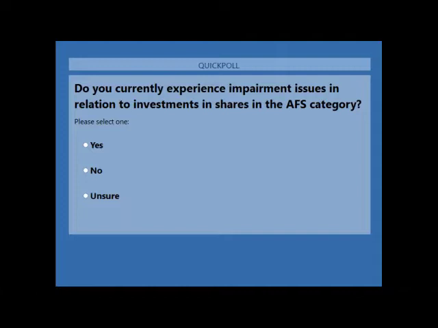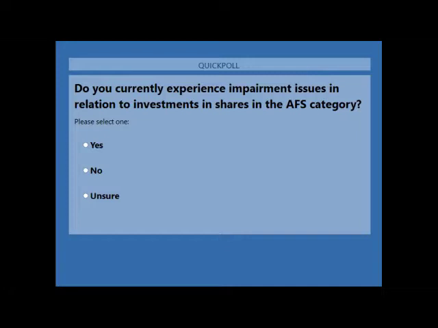Just to get an idea, we often have discussions with clients around this issue. It's been around more than 10 years. One of the big reasons that there's a new AASB 9. In the global financial crisis, this was a real big issue and led to a lot of uncertainty.